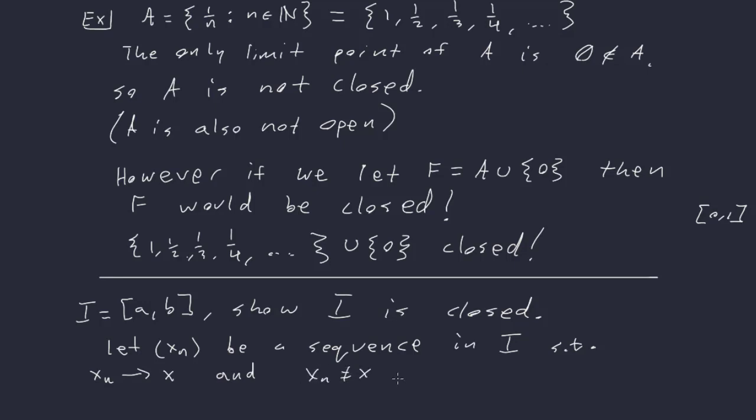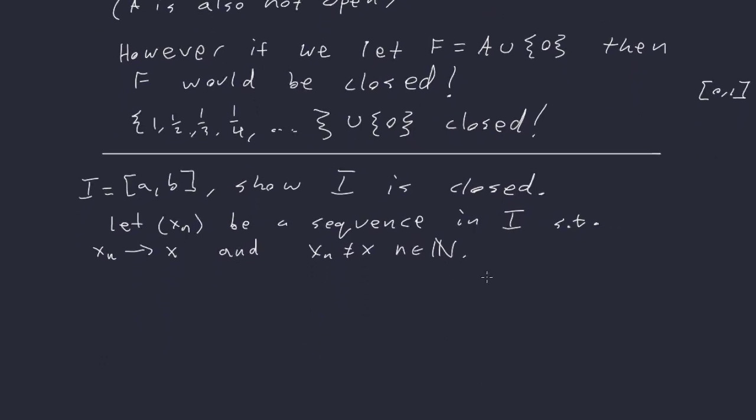Now we usually kind of take that for granted. All right, so then this implies x sub n is in the interval A to B for all n in the naturals. So this implies that A is less than or equal to x sub n, which is less than or equal to B, for all n in the naturals.